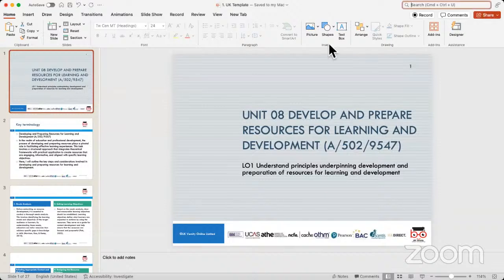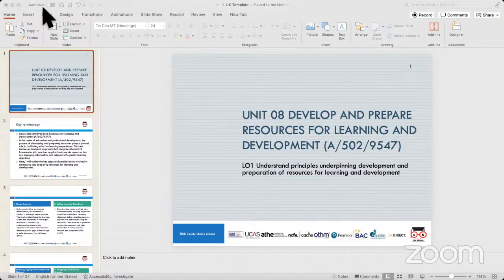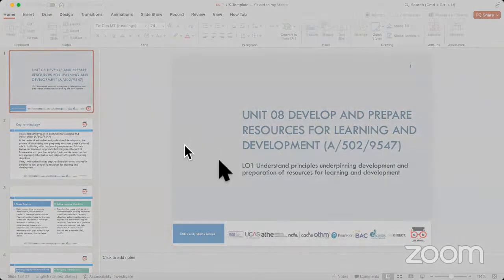Right. So that's the unit we are looking at covering today. Let's go into the first learning outcome, which would help us understand the principles which are going to underpin the development and preparation of resources for learning and development.